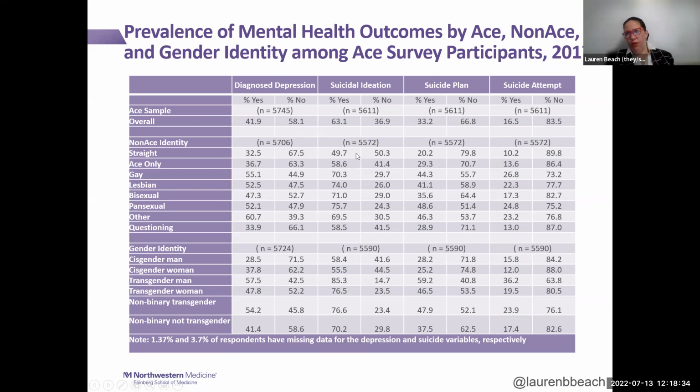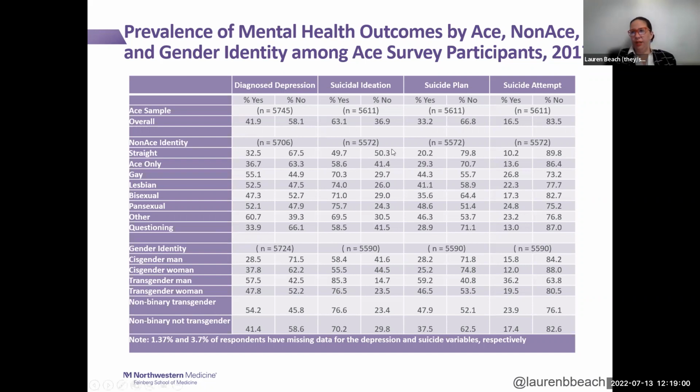This pattern holds true across all of these mental health and suicide-related outcomes. You also see this difference between diagnosed depression and suicidal ideation, with the diagnosed numbers actually lower, which may reflect a lack of access to healthcare, which again would be consistent with the minority stress model, right?